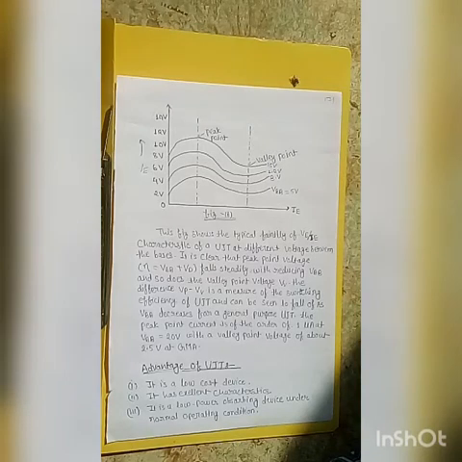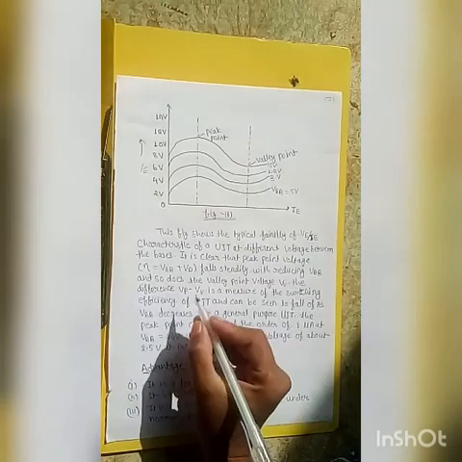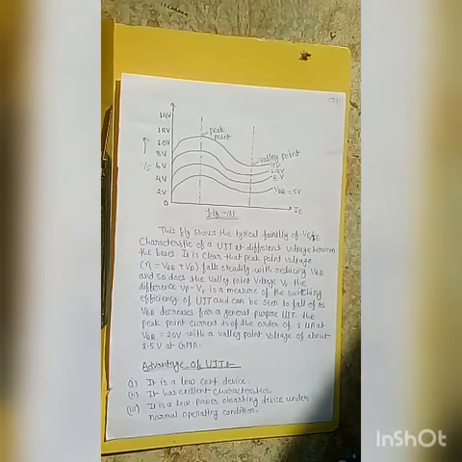The difference VP minus VV, peak point voltage minus valley point voltage, is a measure of the switching efficiency of UJT and can be seen to fall off as VBB decreases.